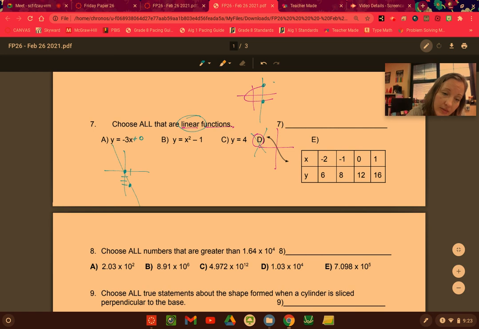And then I could draw my line. Is it linear? Yes. And for every x there will be a unique y. It is a linear function. So A is a linear function. How about B?